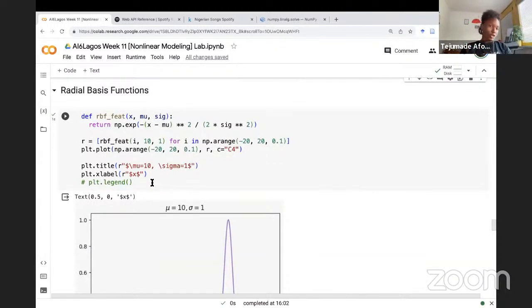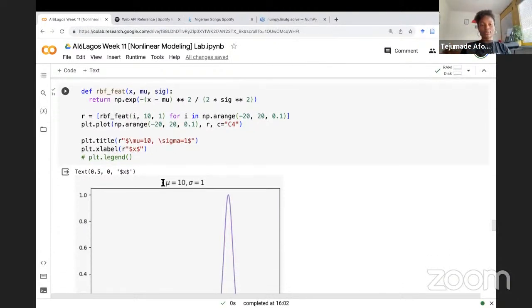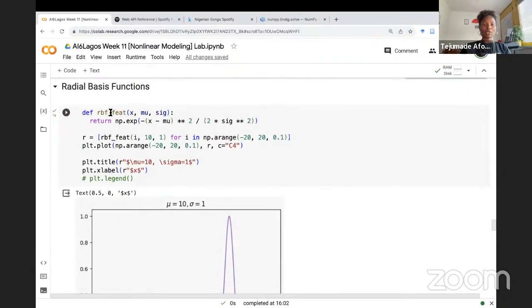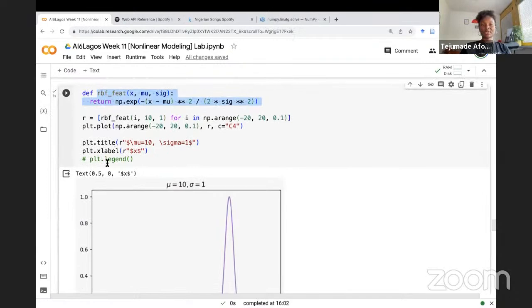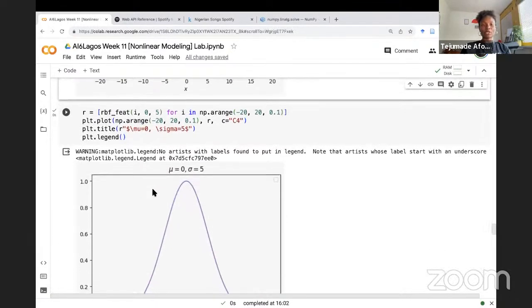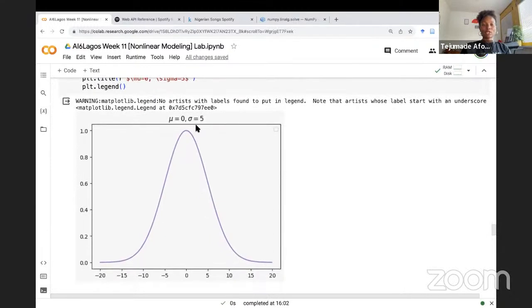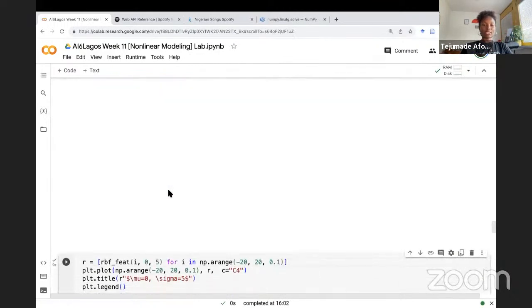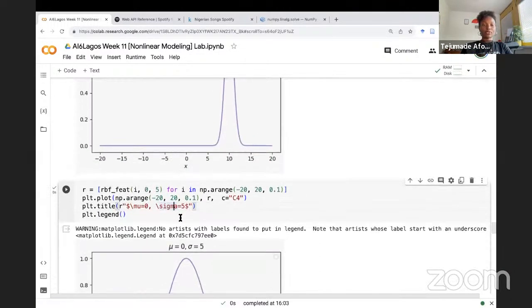The rest, I'm just going to tell you what it is, and if you're curious, you can go do more. In the RBF part, I was showing you how to create RBF features, like the Gaussian, and you can play around with this. When you have a Gaussian with a bandwidth, or variance, of 5, it's bigger. I don't want to do much here because we're already over time.